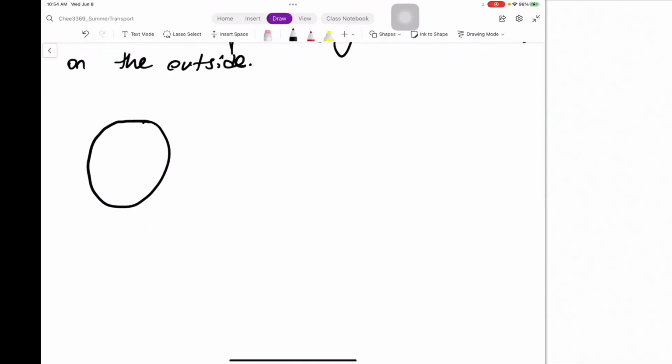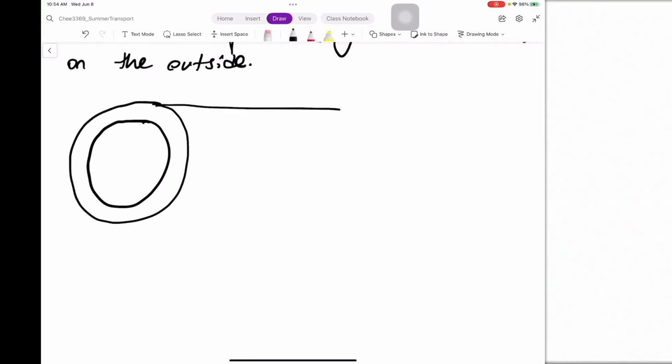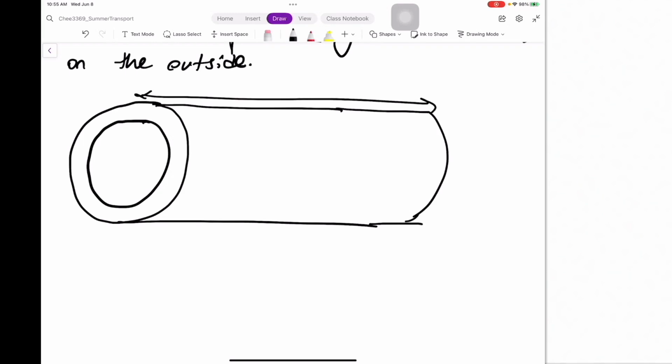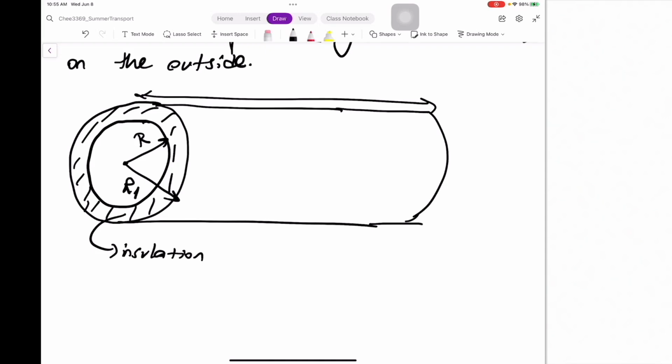This is your cylinder. This is the insulation layer. Again, it has a length of L. This is the insulation. And the wire has a radius of capital R again, and the outside radius is, let's call it R1.